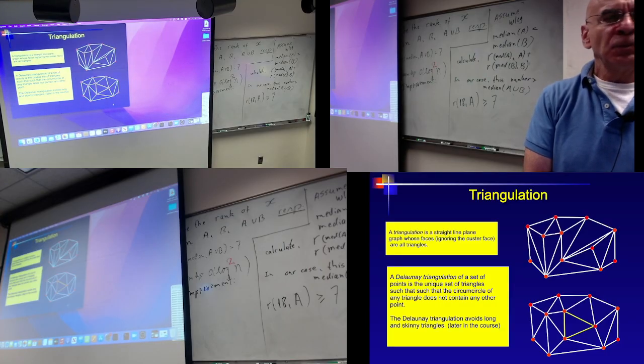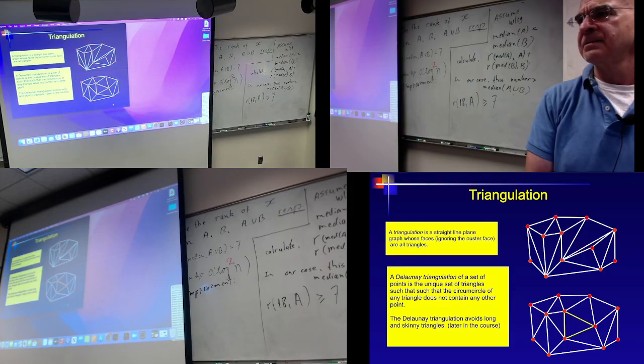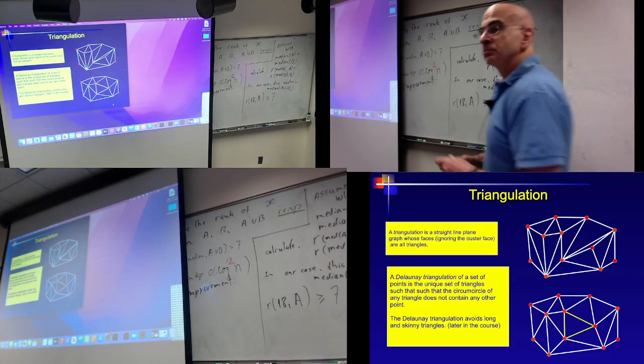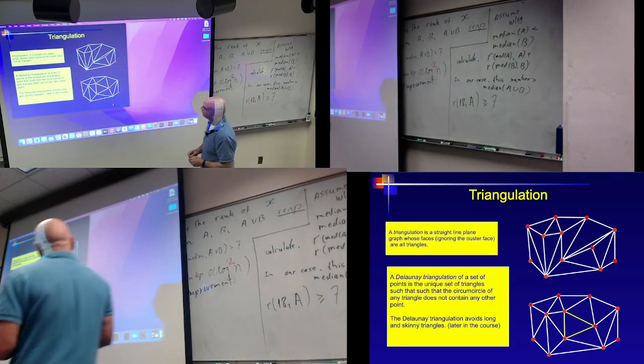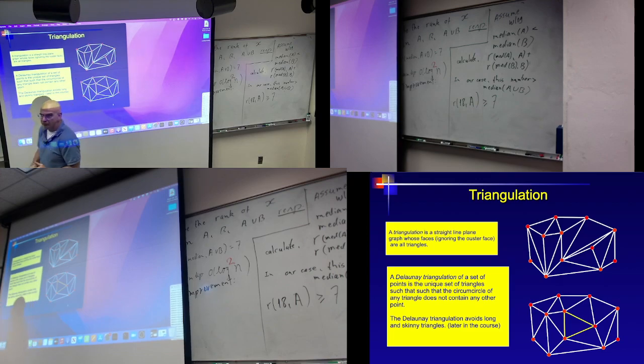Triangulation is just a straight line planar graph where every face is a triangle, has 3 edges. And when you show me a set of points, there are exponentially many different triangulations. But triangulation is really important.